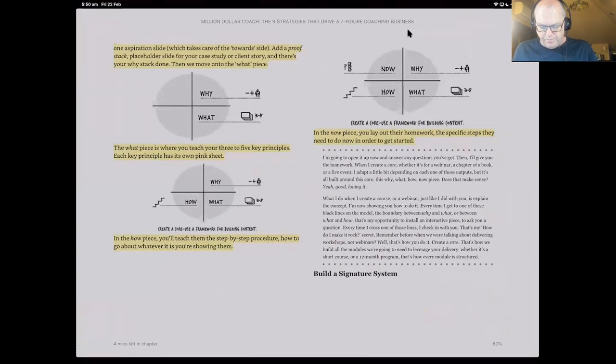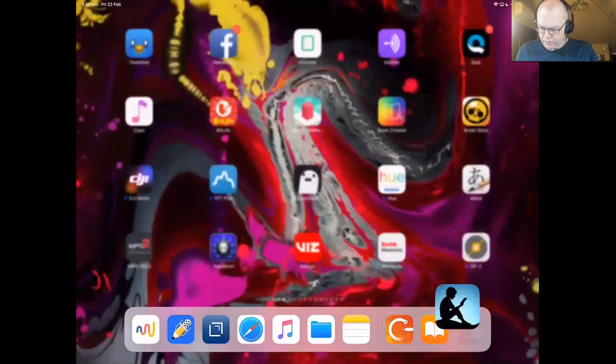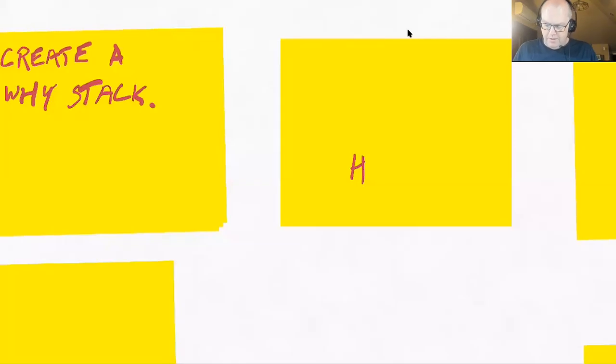Okay, cool. So let's have a look here. Add a proof stack placeholder style for your case study or client story. And there's your Y stack done. Just a little almost snuck in there. Add a proof stack. Okay, we need a proof stack. So we put that there.